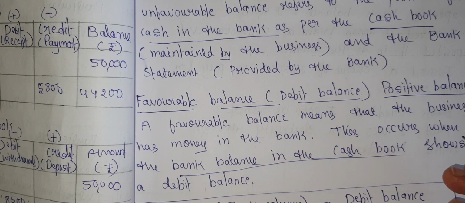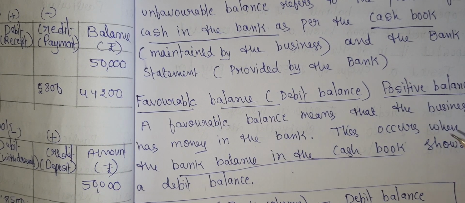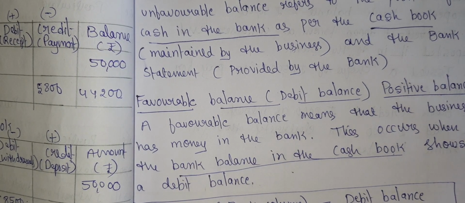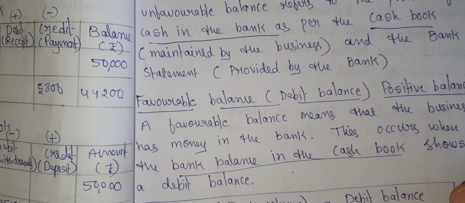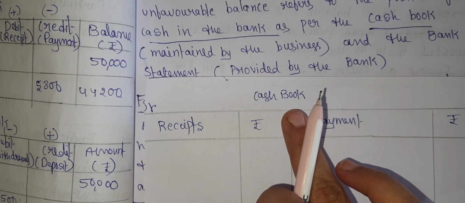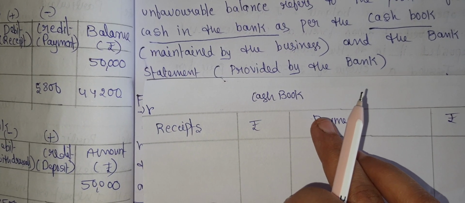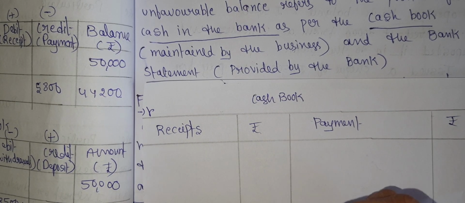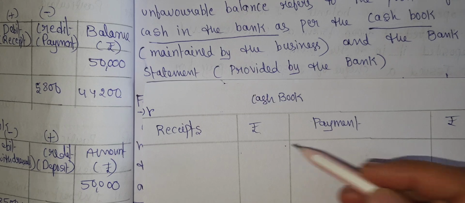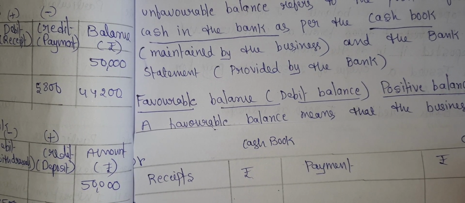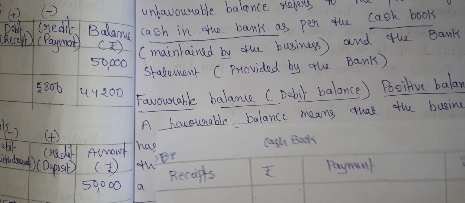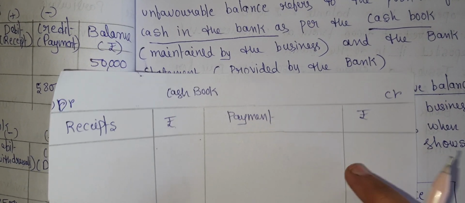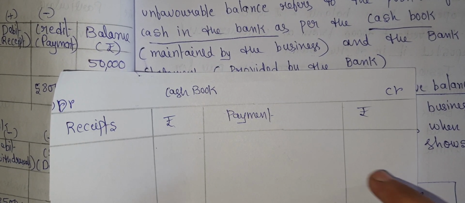Debit balance means all the receipts will come in the debit side. This is a single column cash book. Otherwise in the double column and triple column cash book also the bank column will come. Here we have to draw bank and cash. This is debit, this is credit. In the credit side also we have to draw bank and cash columns.